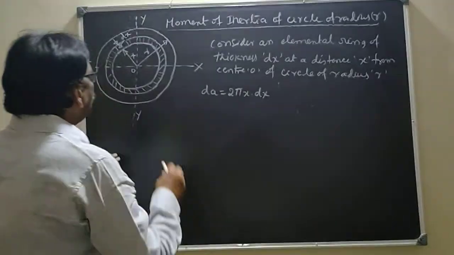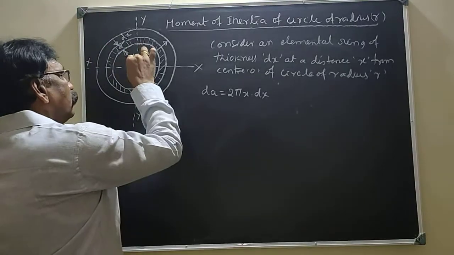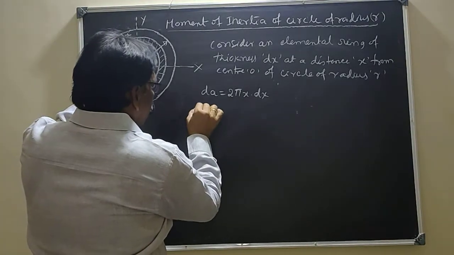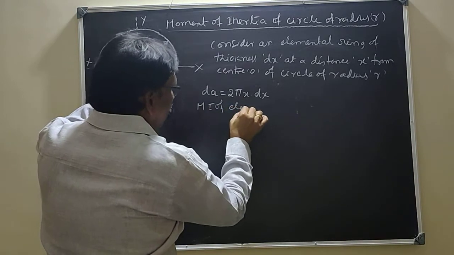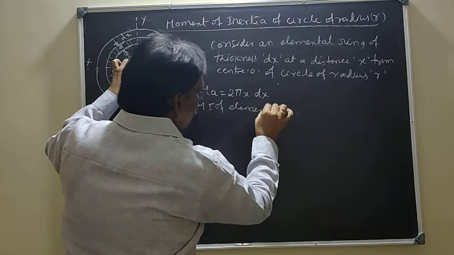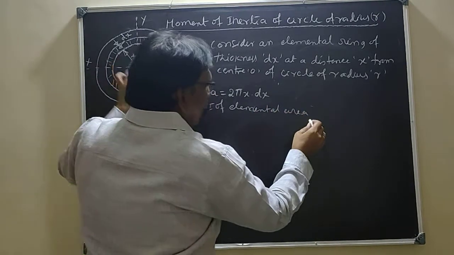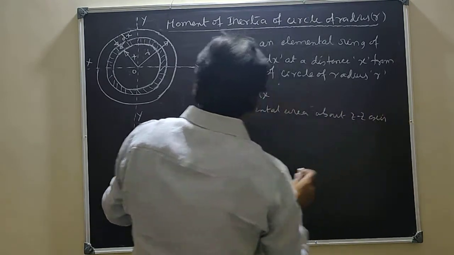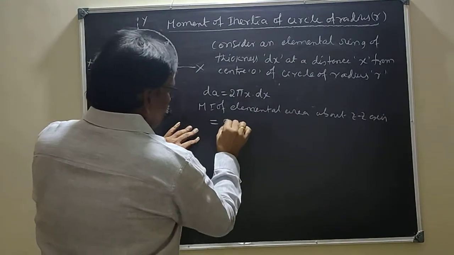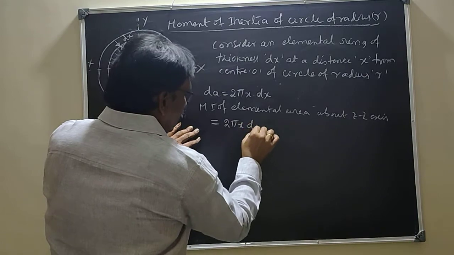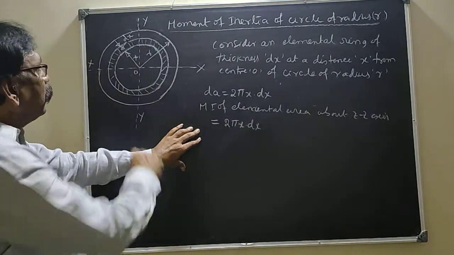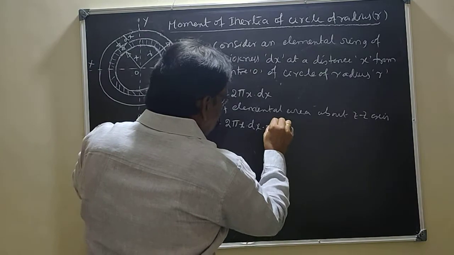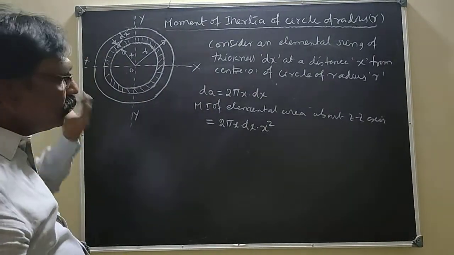Now the moment of inertia of this elemental area about the third axis, that is the zz axis, is equal to 2 pi x into dx, which is the area of this elemental ring, multiplied by the square of the distance, that is x square.